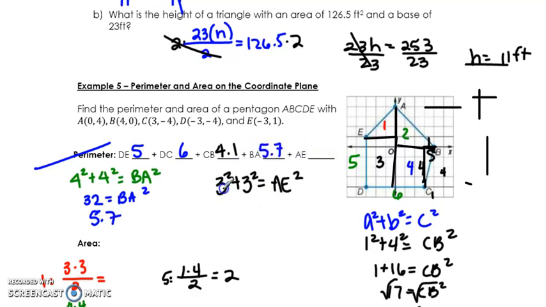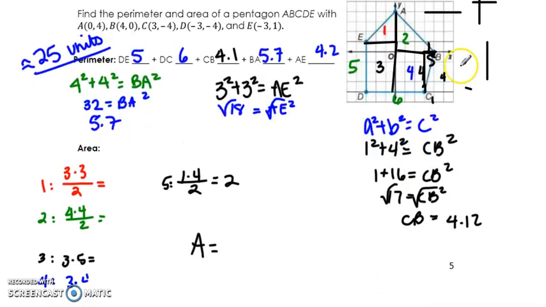And then AE, 9 and 9, so 18, and the square root of 18 is going to give you 4.2. Okay, so now you can add all those up and get your perimeter is 25 units, approximately.